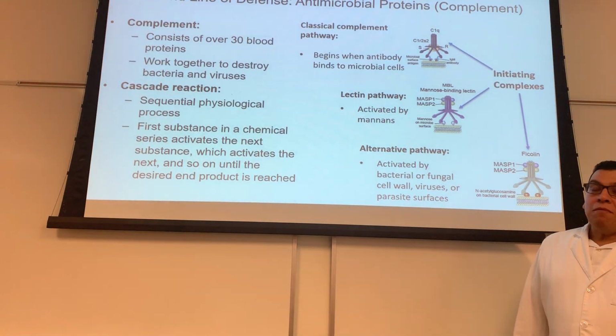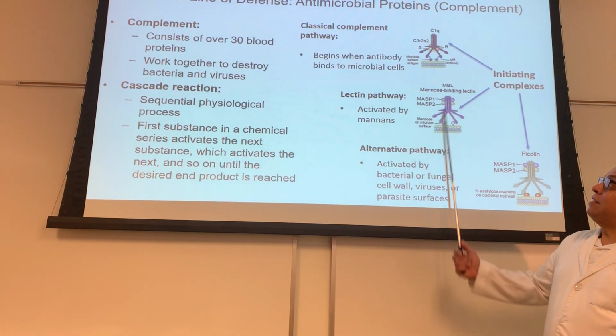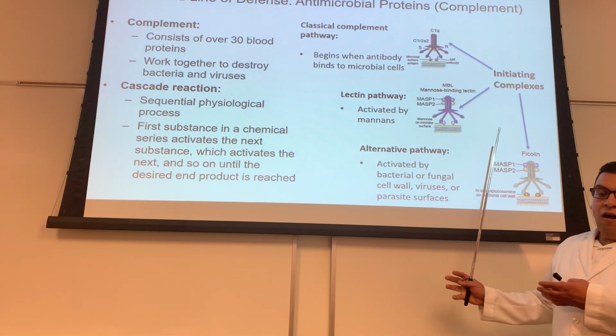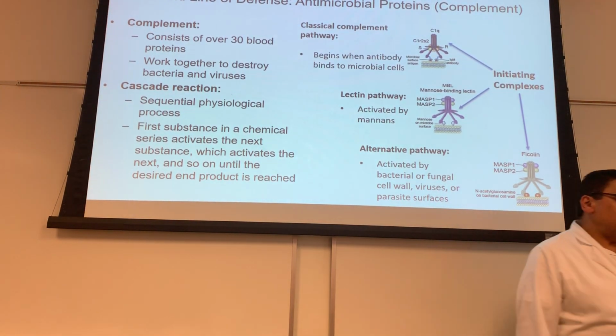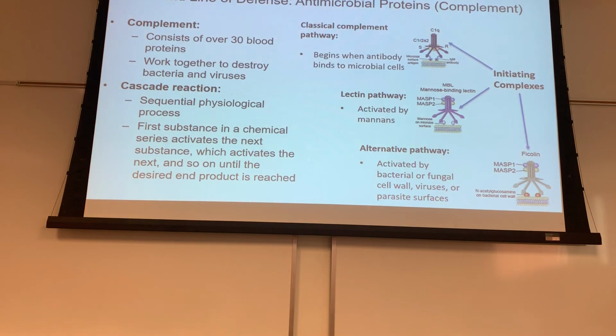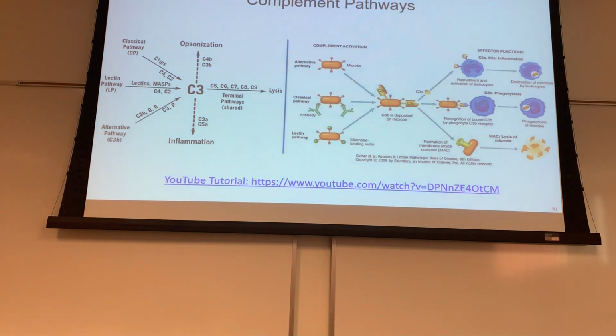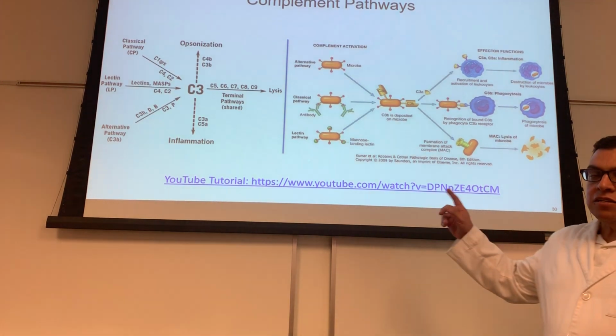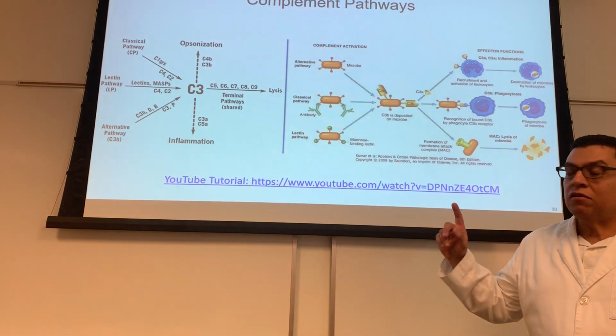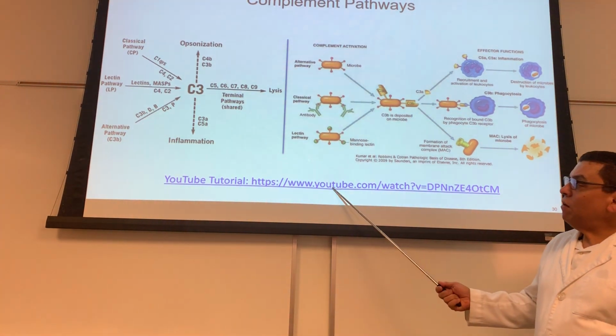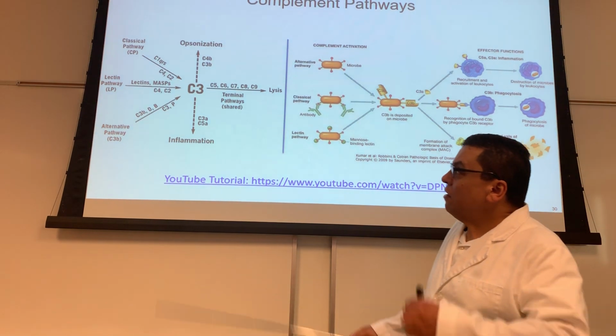And it really doesn't matter whether it does this, or this. The ultimate consequence to the bacteria is the same, and that is, of course, death to the bacteria. And I'm going to try to be as brief as possible, knowing that this is quite involved. And if you want to watch a video on it, you can go to this one here.